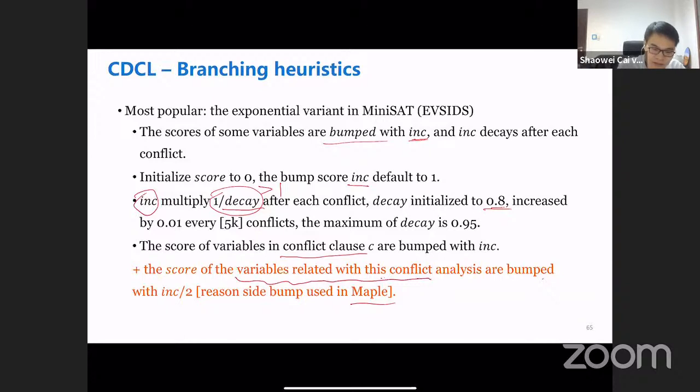When we do the conflict analysis, all variables involved in the analyzing procedure are considered related to this conflict analysis. For these variables, although they do not directly appear in the conflict clause, they also have a relation to this conflict. So their score is increased by half of the increment.